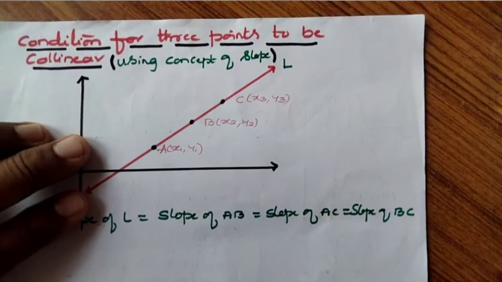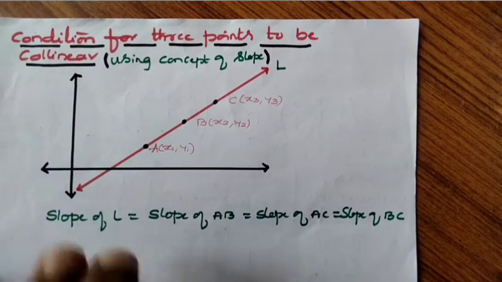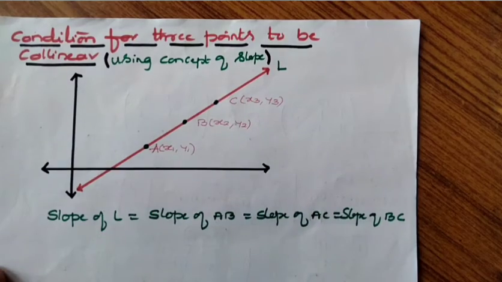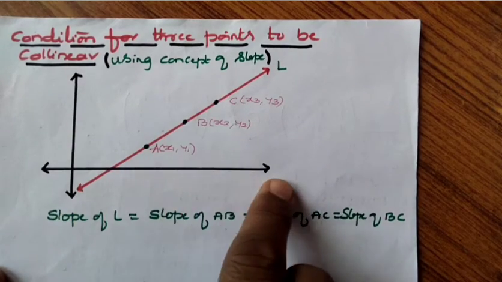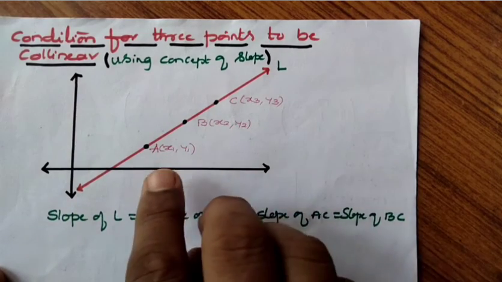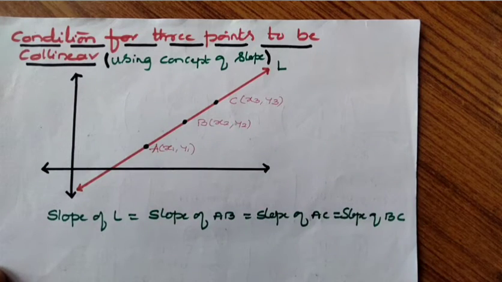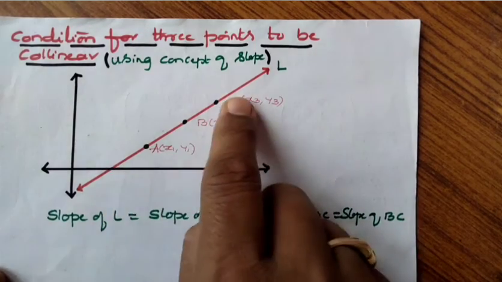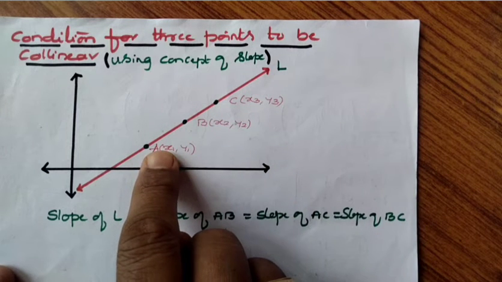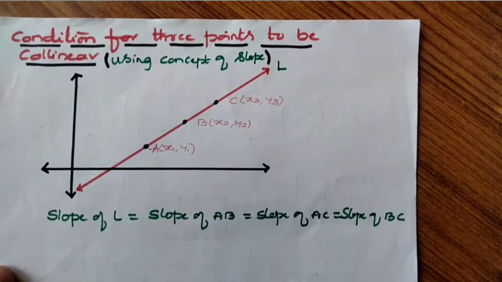Now by using this concept, let us move to the discussion of an important concept: the condition for 3 points to be collinear using the concept of slope. I have considered this x-axis and y-axis, and this is a line. I have considered 3 points A, B, C on line L. Here the slope of L is given by considering any 2 points, either AB or AC or BC. Yes or no?